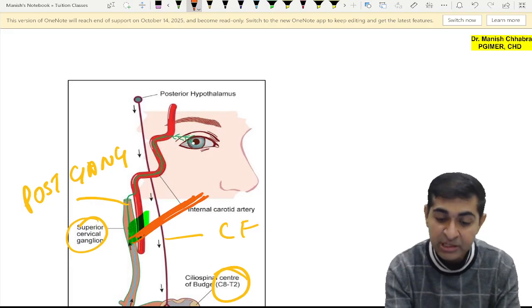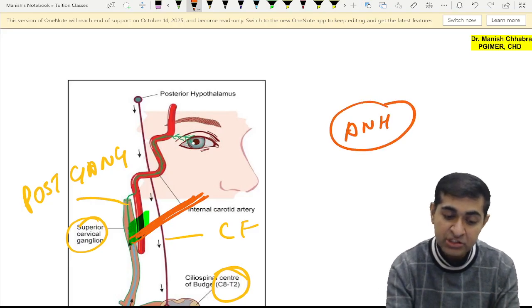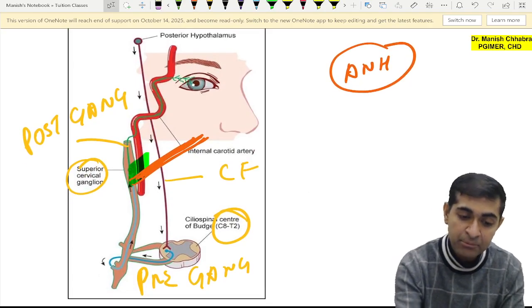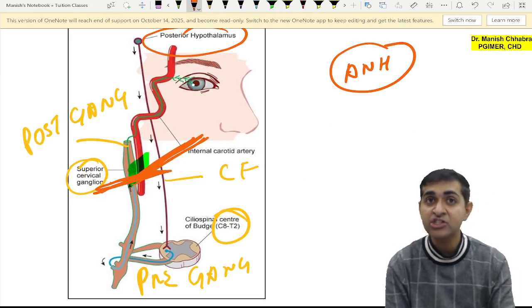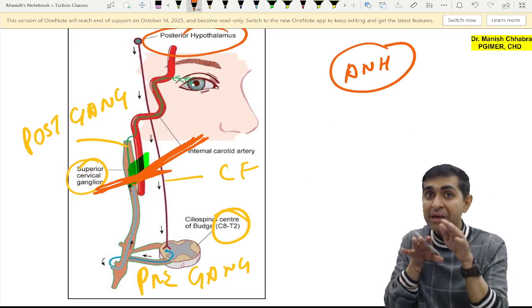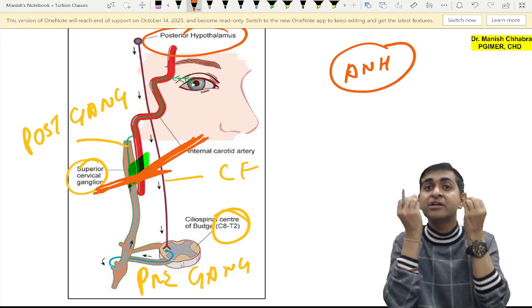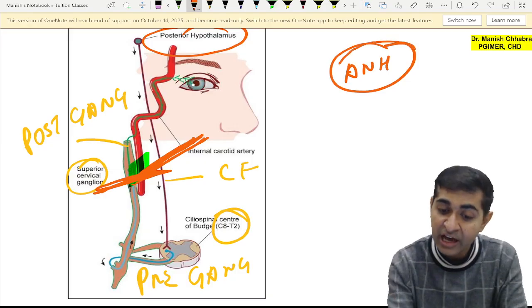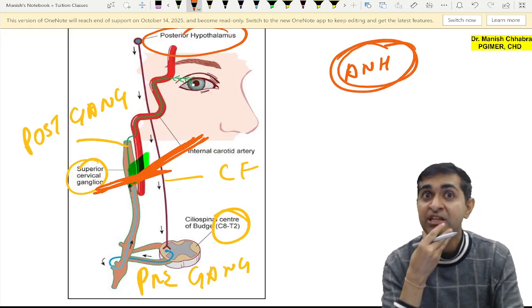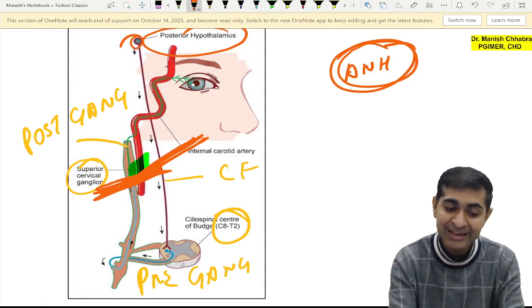So that actually tells me, if they are saying of anhidrosis, that means the lesion is somewhere between the posterior hypothalamus until the superior cervical ganglion, because from here the fibers reach up to the face and supply the glands, right? So that the sweating can be done. But there is anhidrosis. Anhidrosis says that there is damage, so the damage is from here till here.